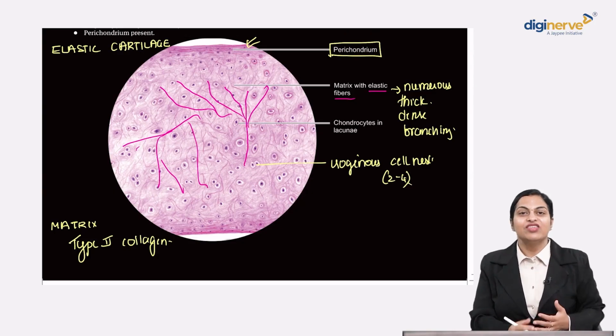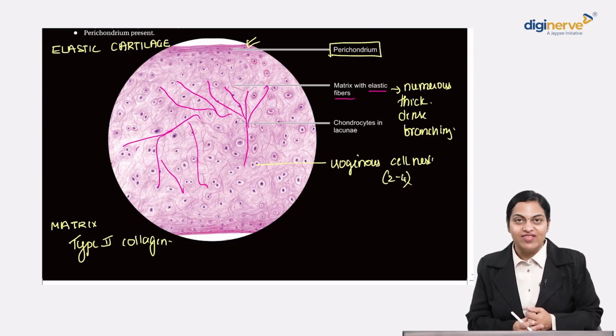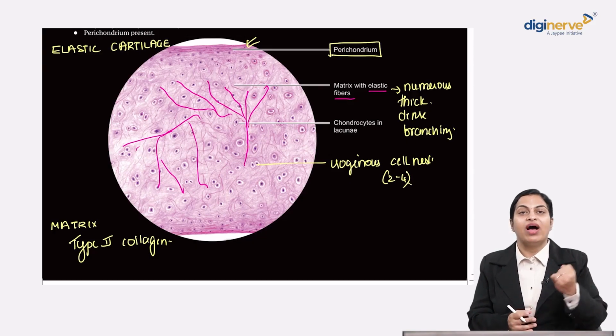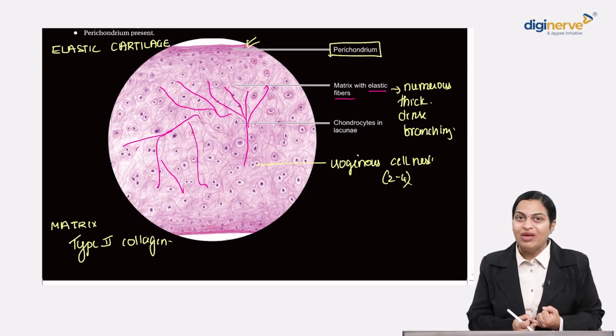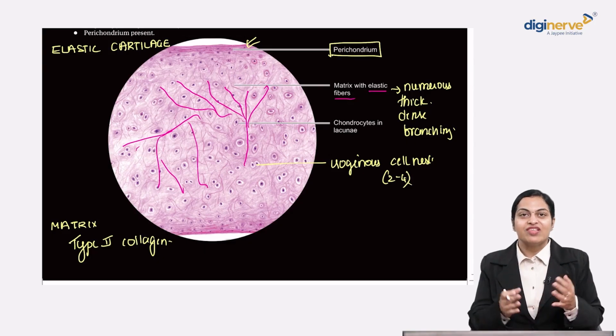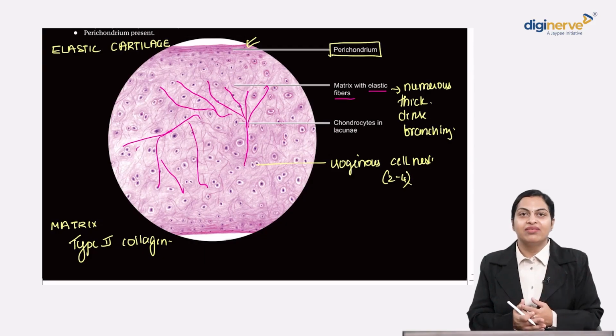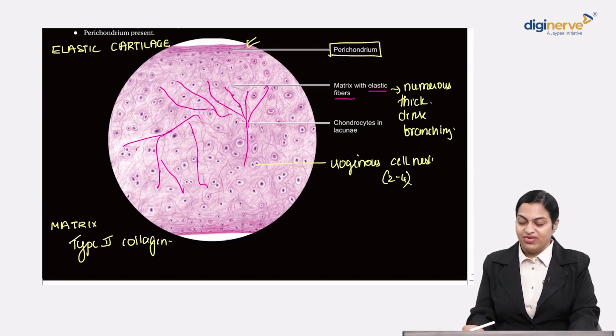Okay, so the characteristic features of elastic cartilage, let us summarize. It has a perichondrium. The perichondrium of hyaline and elastic cartilage is made up of type 1 collagen fiber. The cells are in isogenous cell nests of 2 to 4, and in the matrix we have abundant elastic fibers, thick, dense, numerous, branching. The matrix has type 2 collagen fibers.